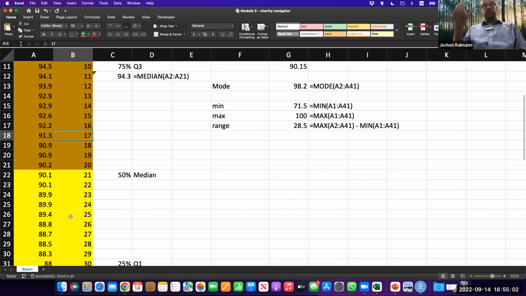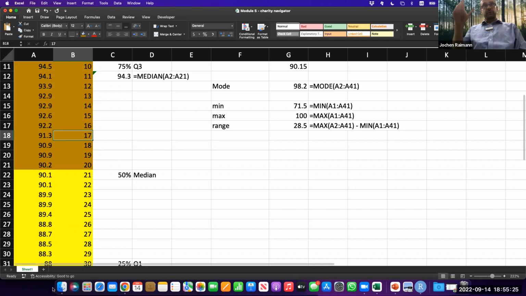Then we get another 25% from the 50th percentile to the 75th percentile. And then we get the rest, greater than that, up until the max. So this is Q1, Q2, Q3, and Q4. Q1, 25th percentile; Q2, 50% or median; Q3, 75th percentile.